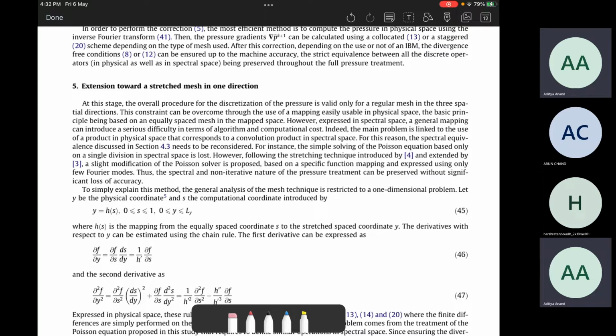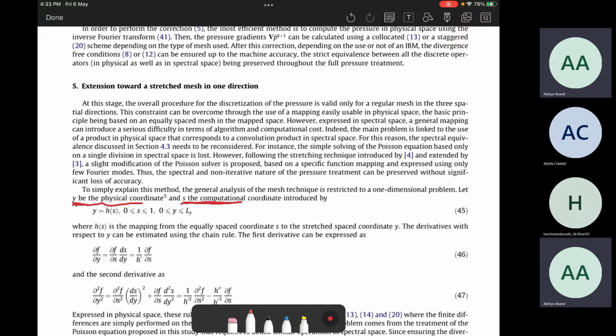The way it incorporates this is you take a uniform grid. S here is the computational coordinate and Y is the physical coordinate. So Y has to be non-uniform. It has to be fine near the wall and coarser as it goes away from the wall. But S can be uniform.